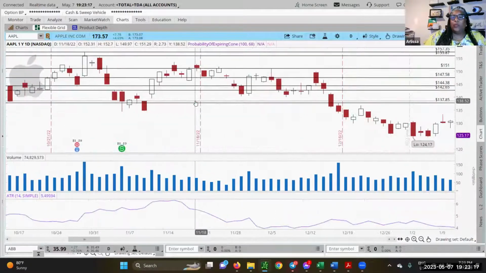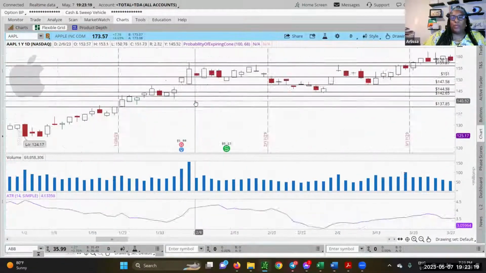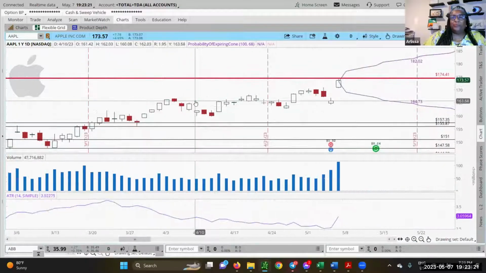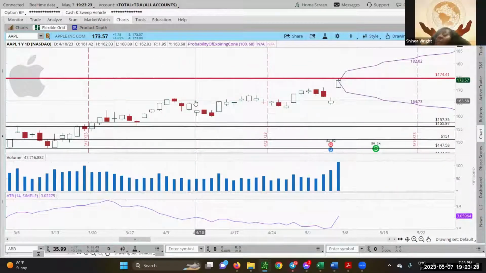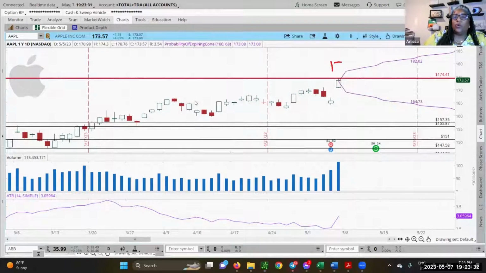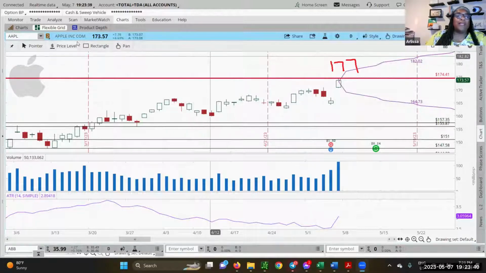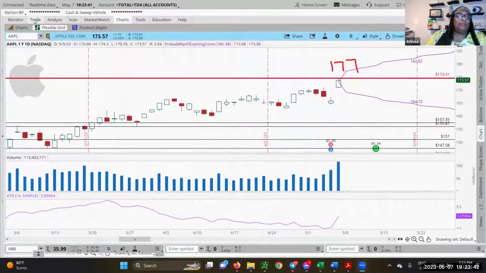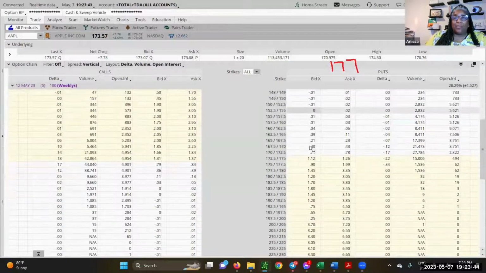What are we going to do as far as picking strikes? 177, 178. You could go up there, above 176. I'm going to show you though, when you get to the option chain, that the strikes they have may not match exactly what you want.